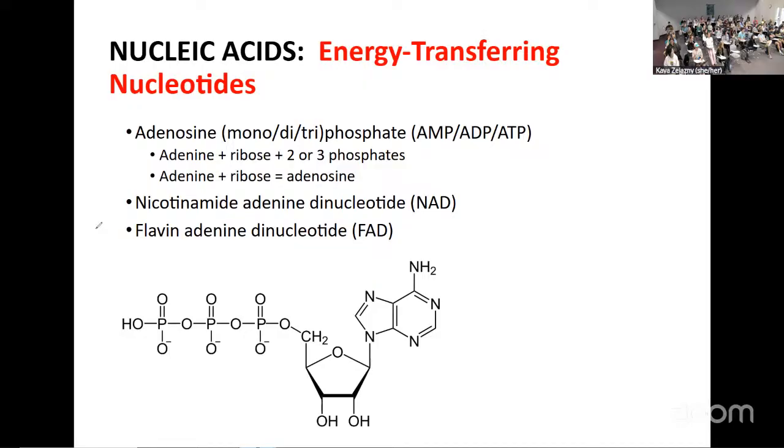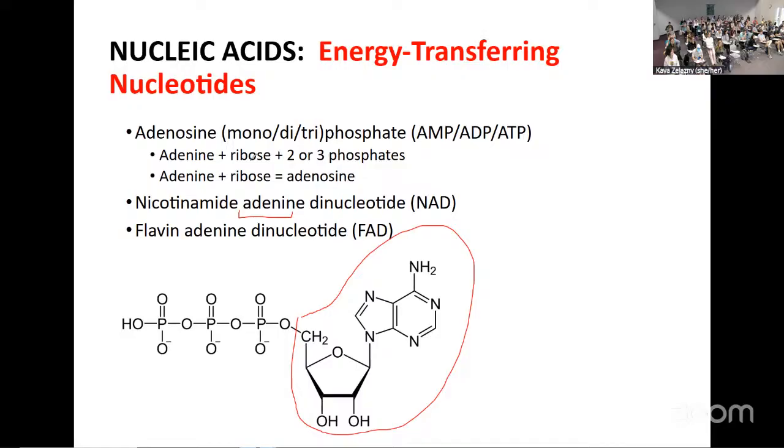Another example of an energy transferring nucleotide that is a little different is NAD. So we're going to see nicotinamide adenine dinucleotide as well when we talk about metabolism from here. But that's also based on this adenine structure, right? So similarly, you'd be able to find this somewhere in its structure, just like you could find that in ATP. We've got different groups attached to it.